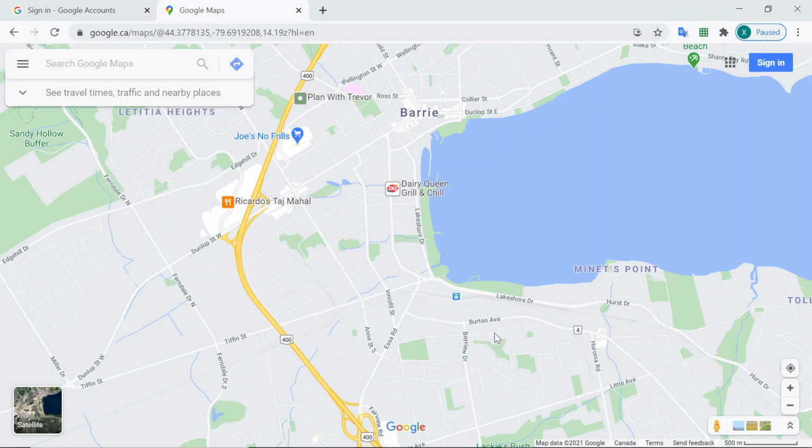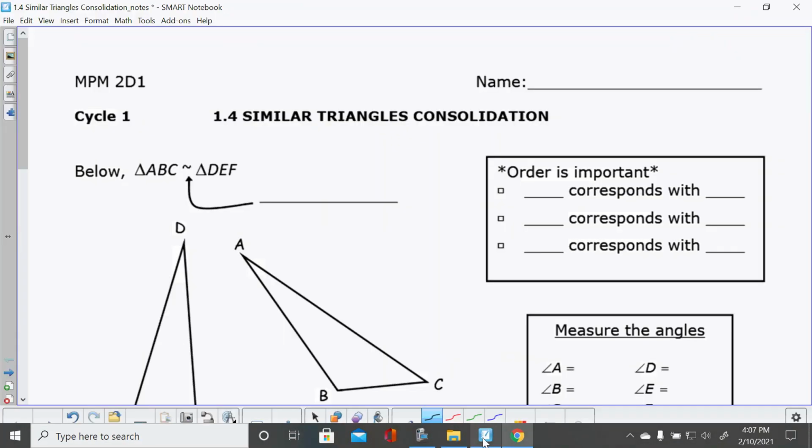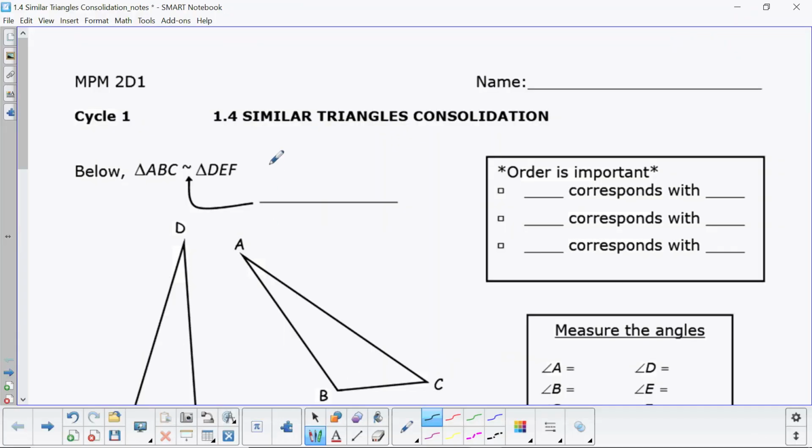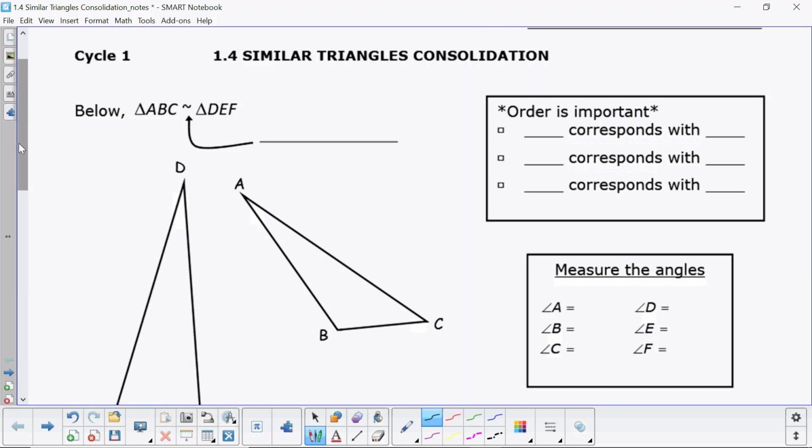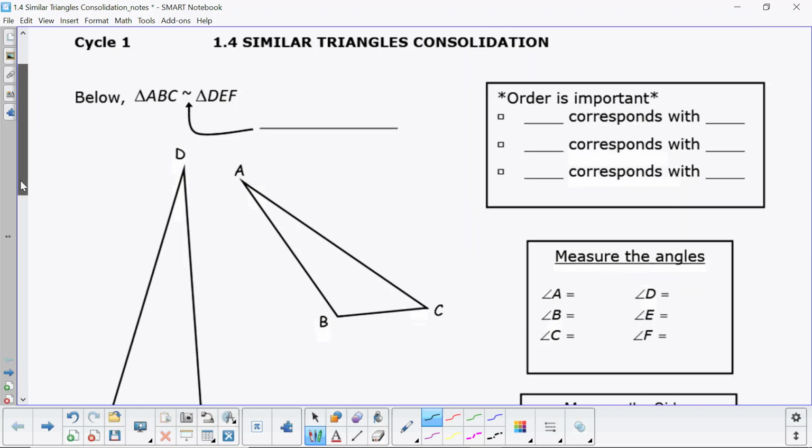There are so many figures that are too complicated, so as mathematicians we want to use the simplest shape, a triangle, to do the study, to find the properties for similar figures. Then in future we can apply those properties for all scale drawings. So that is the reason we want to study similar triangles.